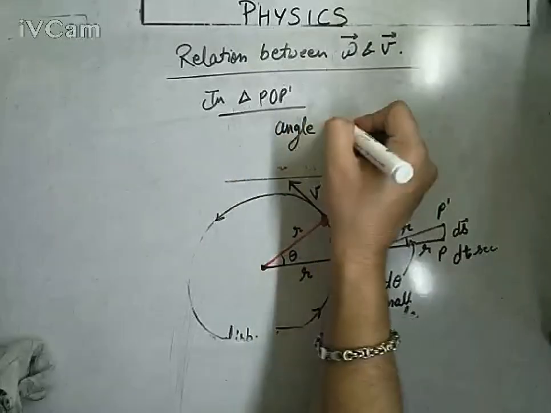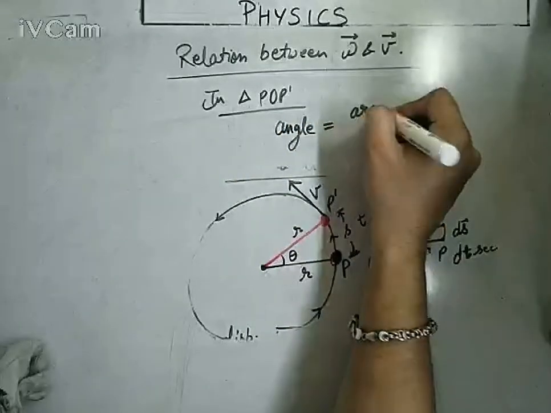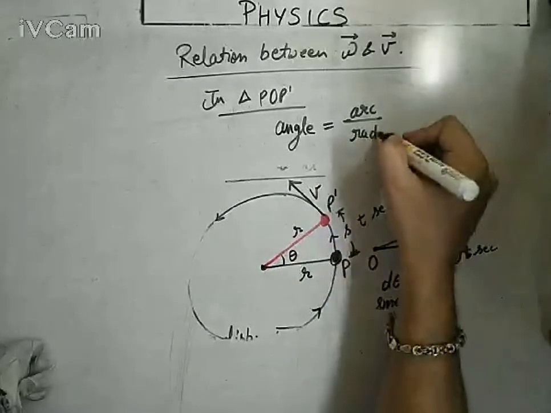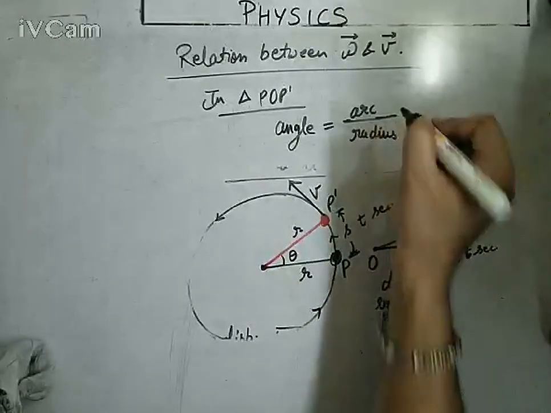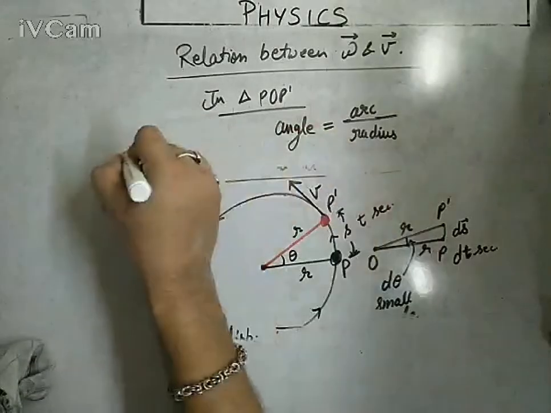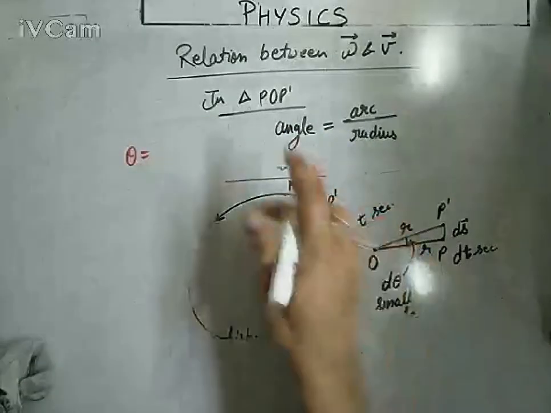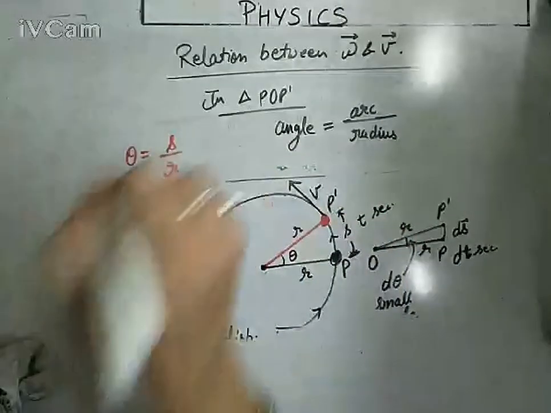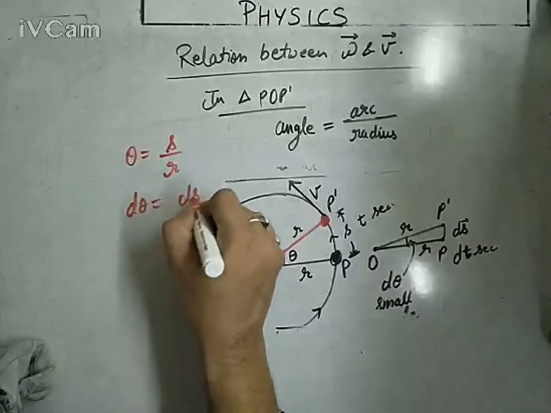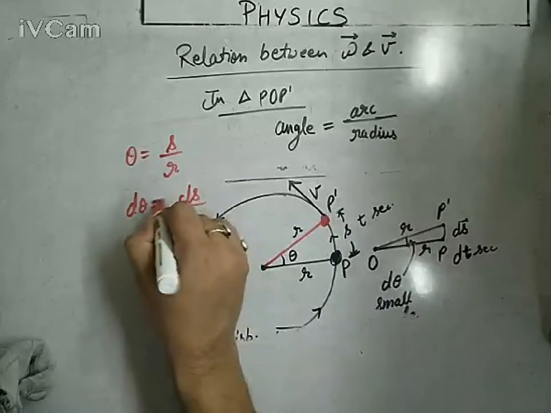A plane angle is arc upon radius. Actually, I had told you this formula during the definition of plane angle: arc length upon radius. So if I implement this formula, theta would be arc length s upon radius r, or in calculus form, d theta equals ds upon r for that small triangle.